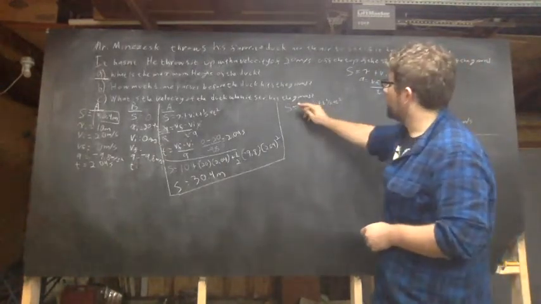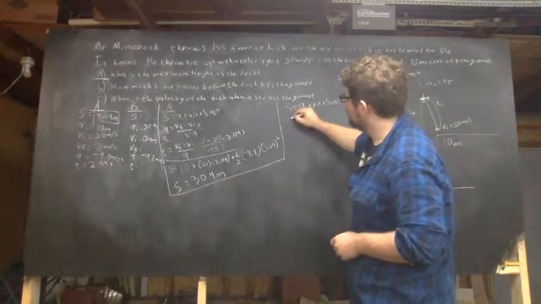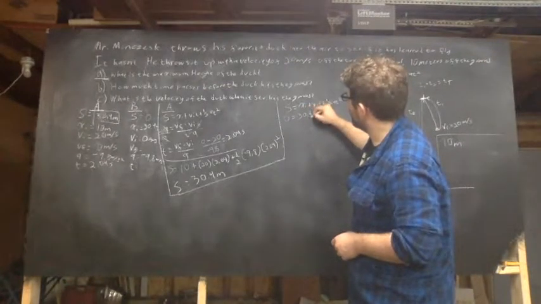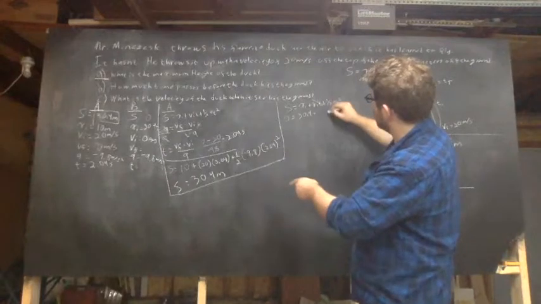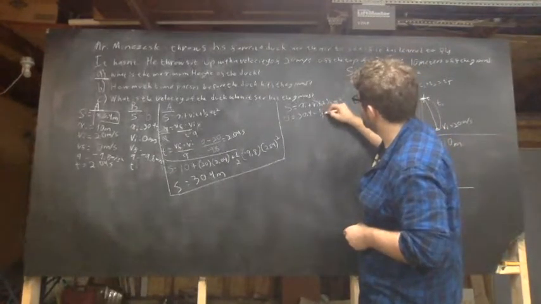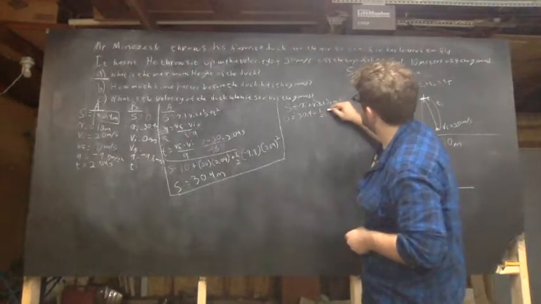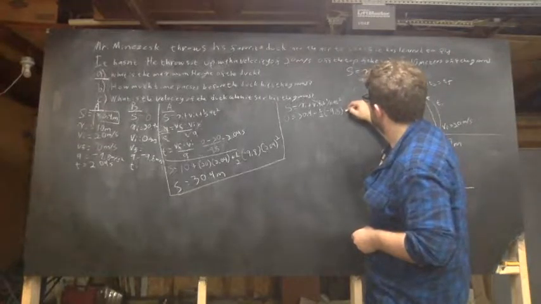Okay, so my S equation, S is going to be 0 equals Xi, 30.4, plus Vi T. Vi is 0, so that's going to cross out. So plus 1/2 A T squared, which is going to be negative 9.8 T squared.